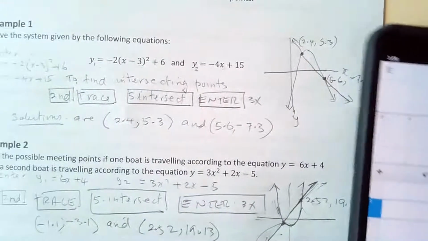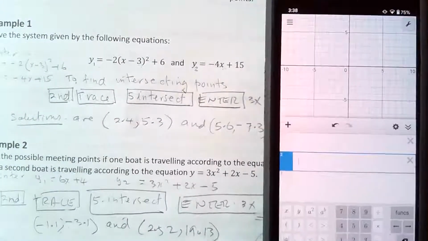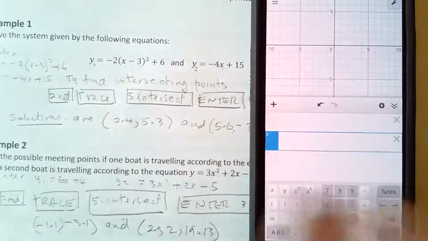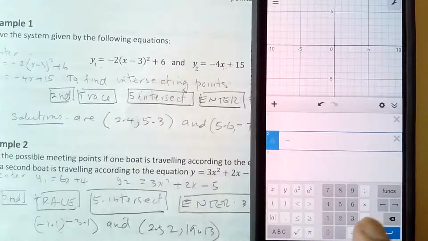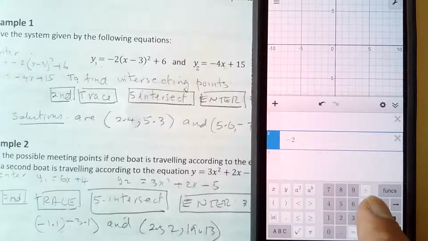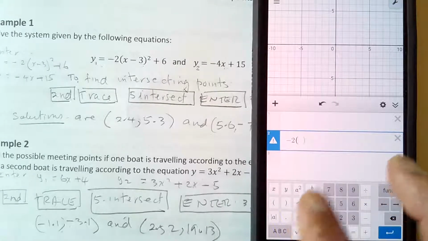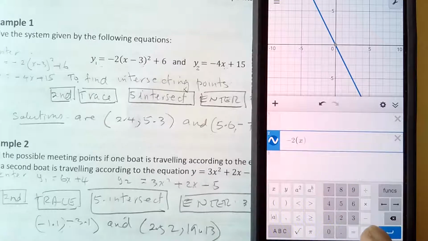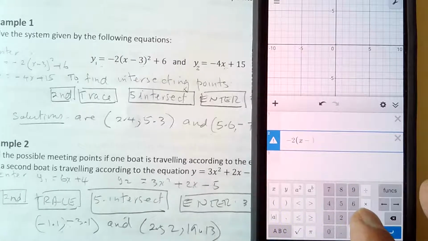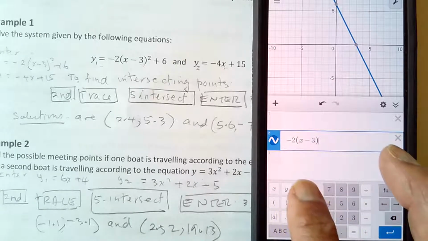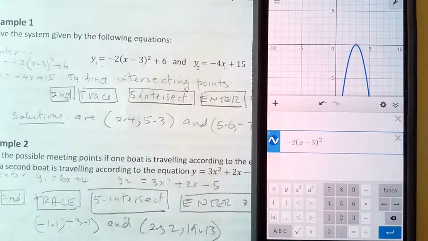In the first question, you're given these 2 equations. And for Desmos, you enter both of them. So in the first case, we have negative 2, open bracket, x minus 3, close bracket squared, plus 6.